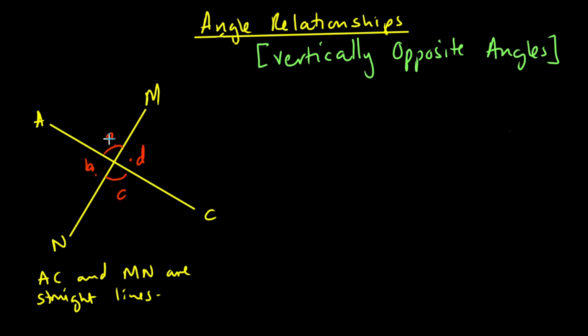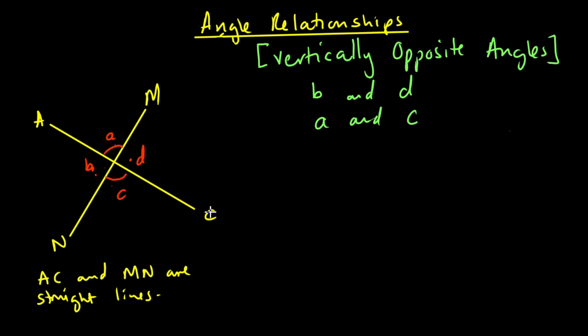When you go straight, then A and C are vertically opposite. And if I go this way, they are also vertically opposite. So which angles exactly are vertically opposite in this case? B and D are vertically opposite angles. A and C are also vertically opposite angles.